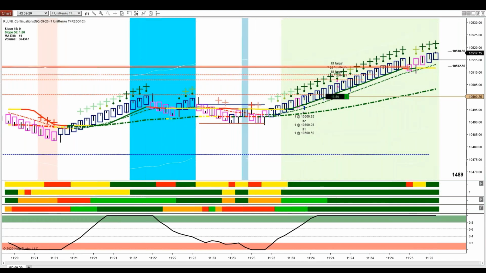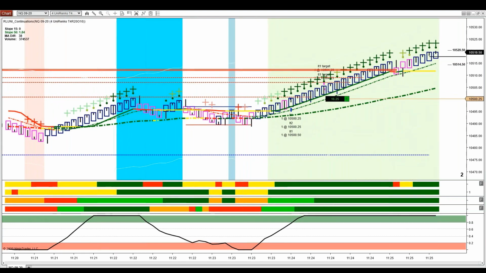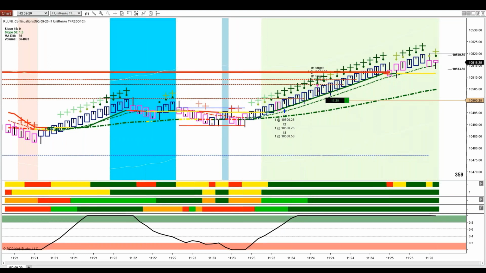Now, remember, you're in this trade at no risk. Now you're up 14 points. It's pulling back again on a down close. You think that this might be the end of the move, but that green line is telling you you still have support and you still have volatility in your direction.